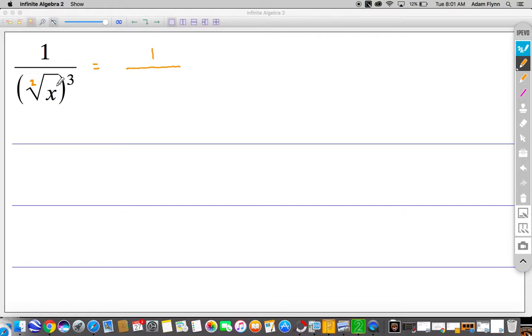So we know this 2 is going to be our a, this 3 is going to be our b, so we have x to the 3/2 in our denominator. And now I'm going to cross the line and switch the sign. So this ends up becoming x to the negative 3/2. And that's how I would like you to simplify that.